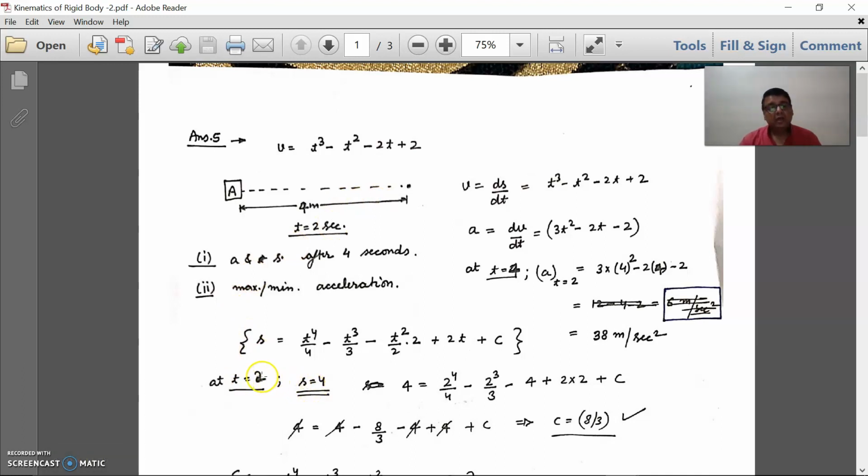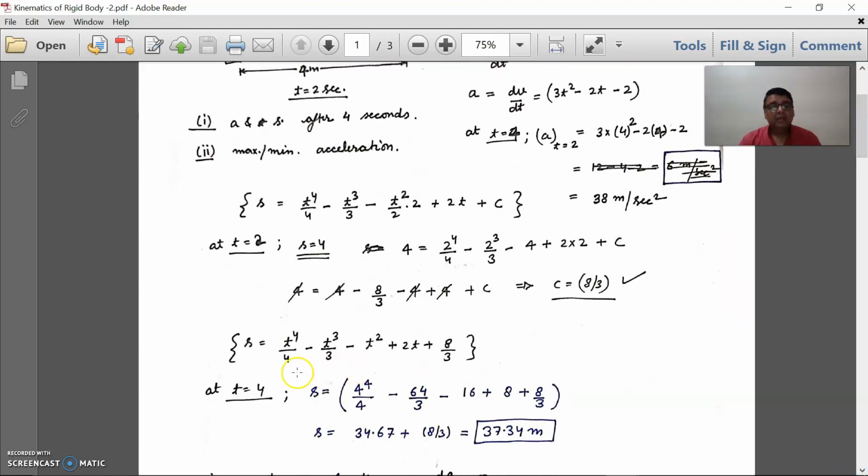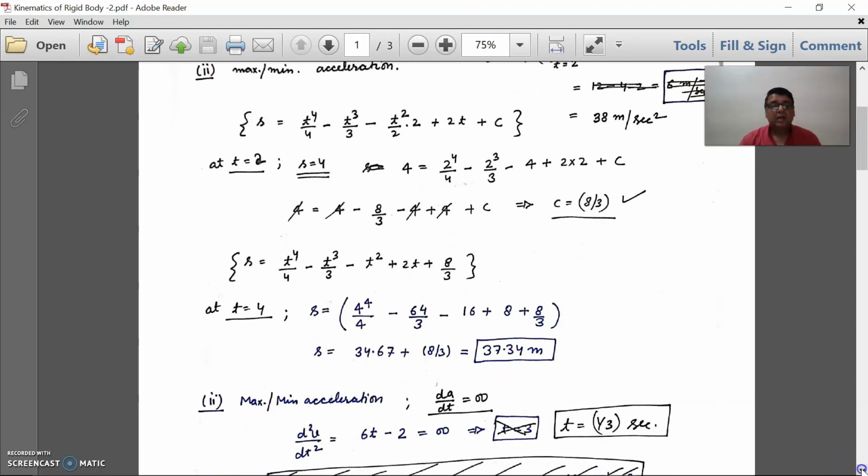So at t is equal to 2, s is equal to 4, and that gives me the value of c as 8 by 3. When s is known to me, I put t is equal to 4 and calculate s is equal to 37.34 meters, right?